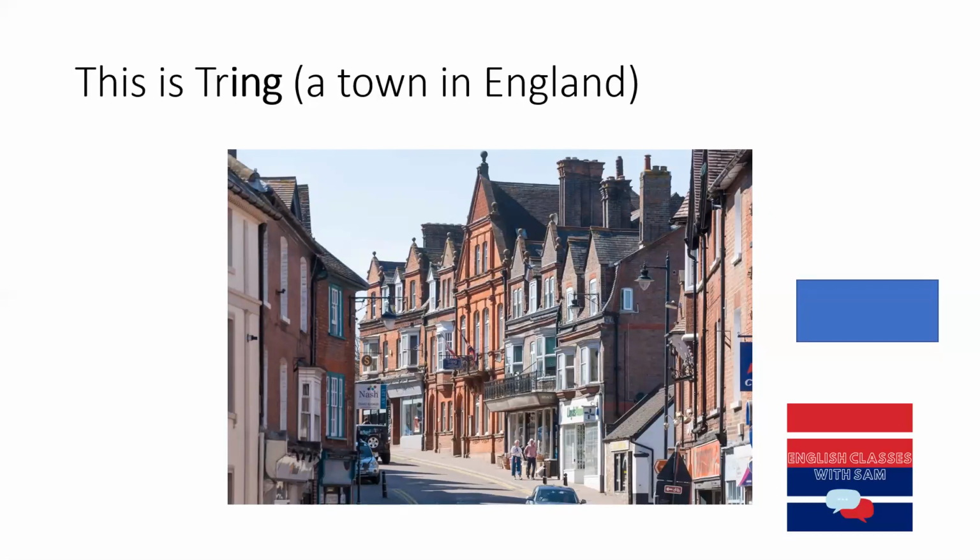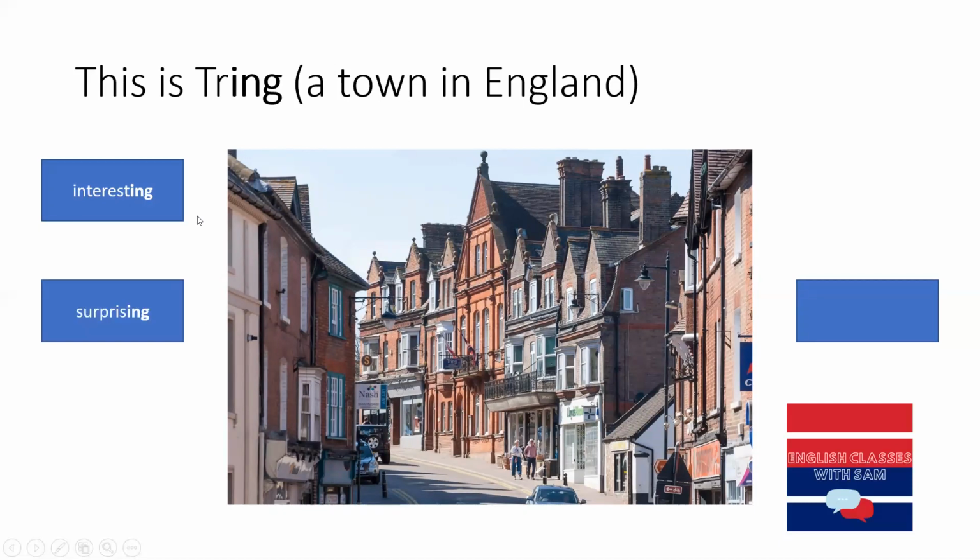Here's another example of a place that we might want to describe. This is a town in England called Tring, which I think you can agree looks very nice. So Tring, the town, is interesting. Okay, it makes people feel interested when they visit, but the town itself is interesting. It's surprising. There's lots of different things to see there that you might not expect.